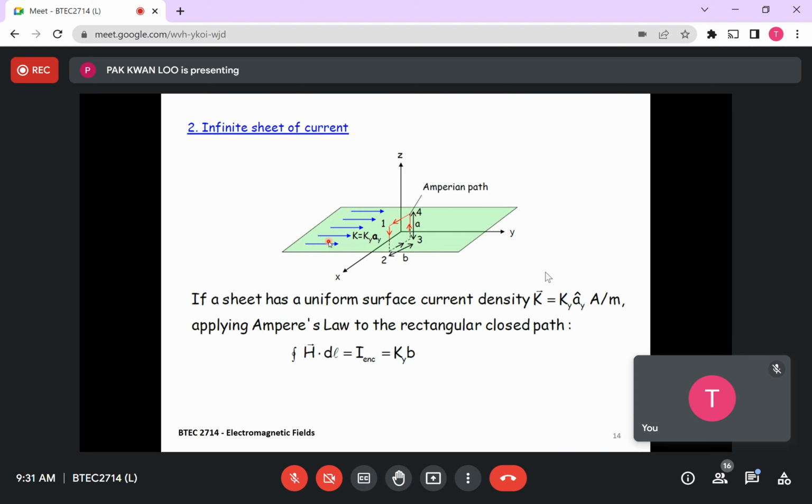Now we assume that the current is directed in the y direction. So we have a surface current like this.